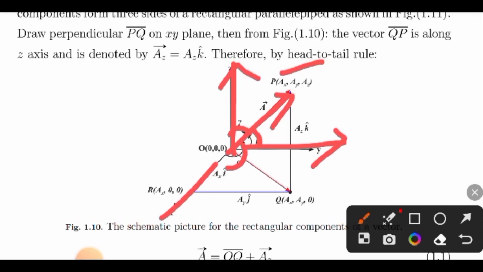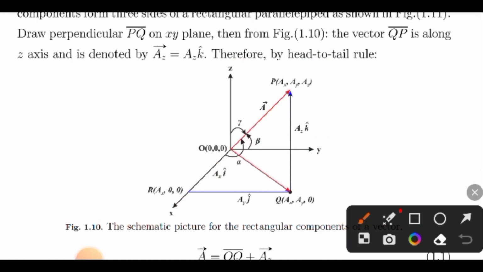If we want to resolve this vector into its perpendicular components, then we have to draw a perpendicular from the head of this vector to the basal plane, like the xy plane.